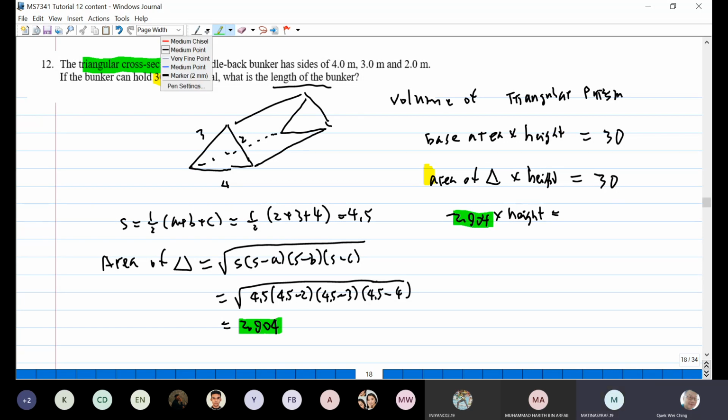This area of the triangle we found here, the prism volume, is 30. So the height we are looking for is 30 over 2.904.